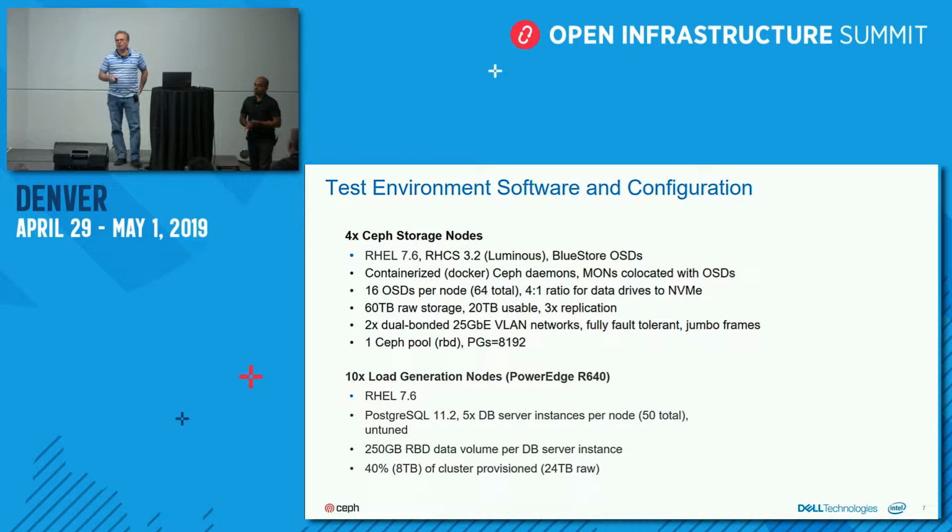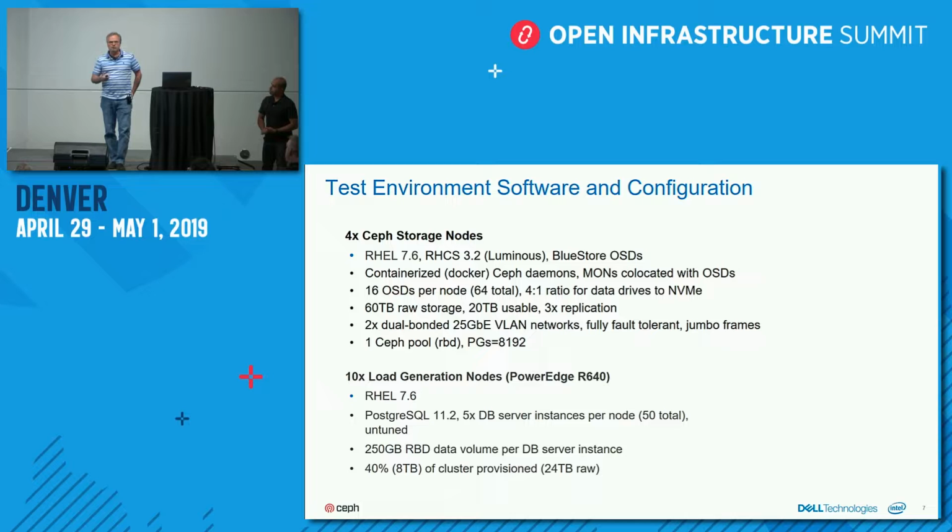We have a 4-to-1 ratio of data drives to NVMe. We have about 60 terabytes raw storage, 20 usable with 3-factor replication. We have dual bonded 25 gigabit VLAN networks, fully fault tolerant, and we're using jumbo frames.